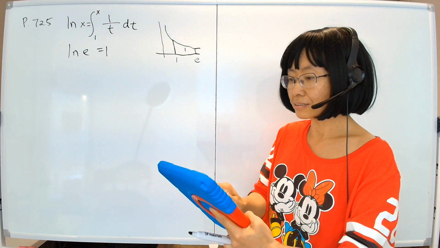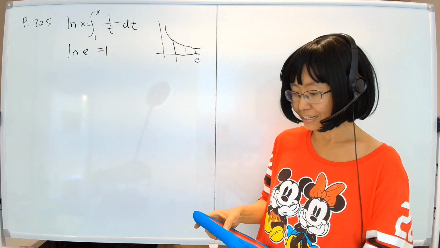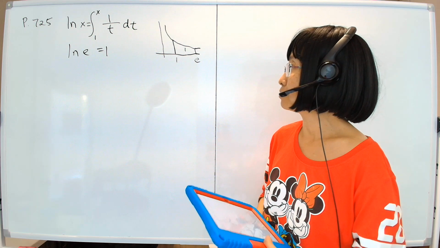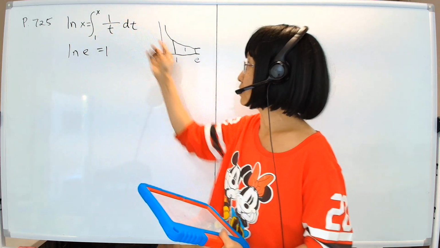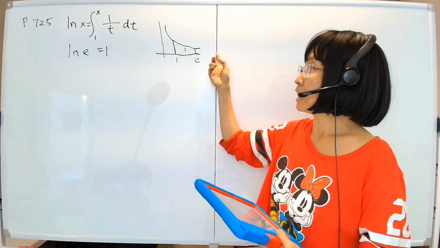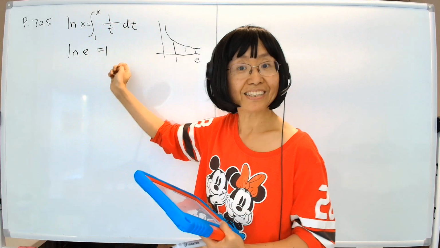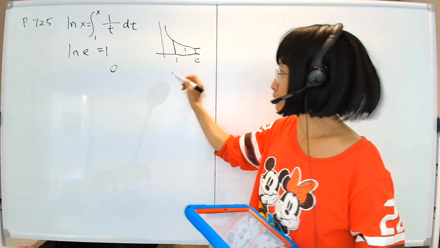However, the existence of e is not as simple as it looks. The book says you can prove the existence by using the intermediate value theorem. As you integrate this thing, it gets bigger and bigger, and because natural log of 1 is 0 by definition, eventually you'll get to a big number like 2 or something, right?